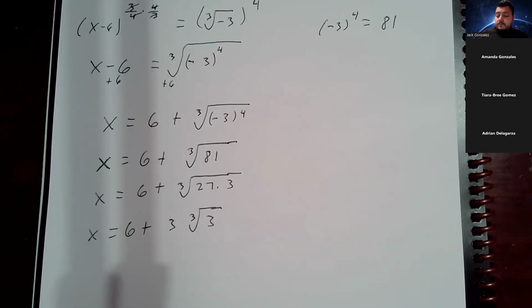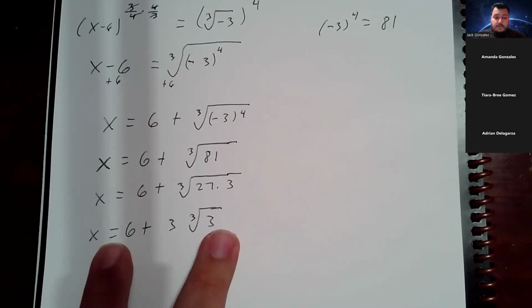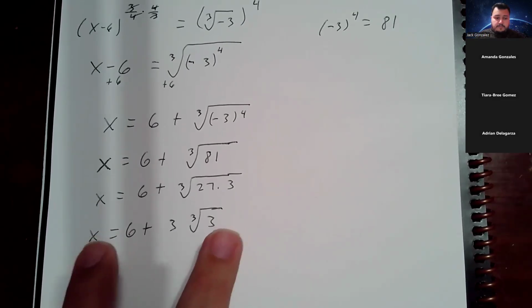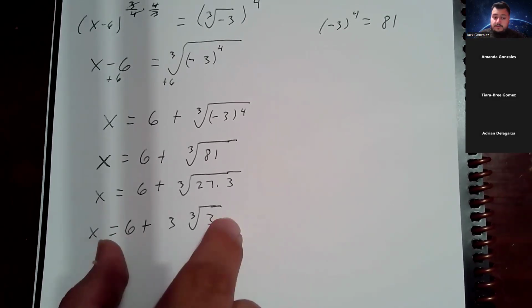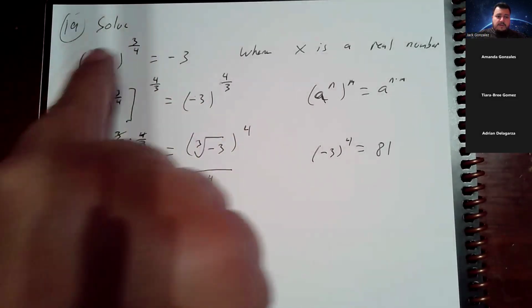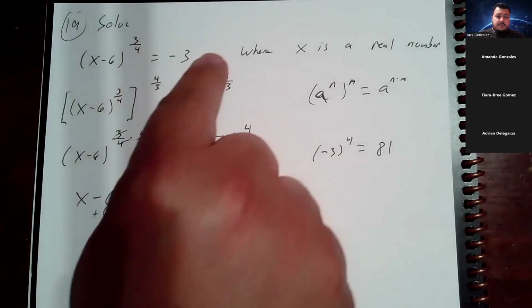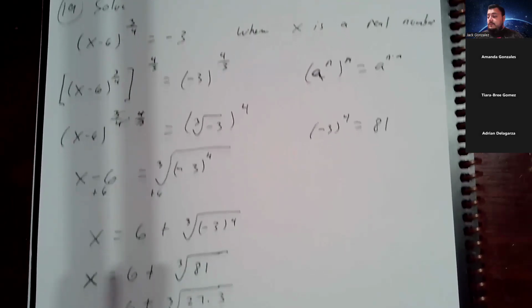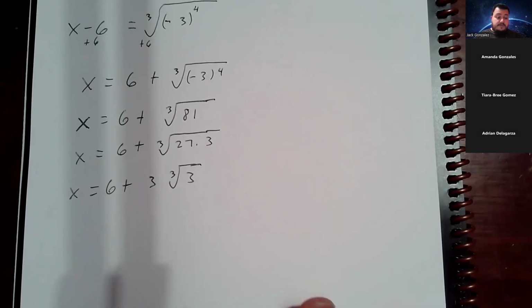Okay. What I advise you to do, I'll do it on the computer, but put all this right here in there and then do the calculator and see, is this going to be -3? It's not, but let's see.